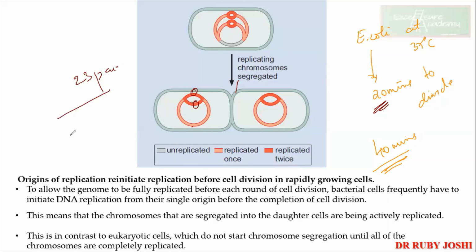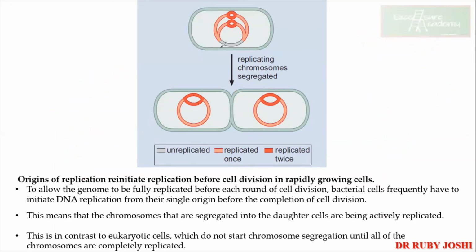Until they align properly with each other, we cannot divide them. So that's why in the case of eukaryotes it is not possible. Okay, is this much clear to everyone? Yeah. So now I'll be having MCQs for you.